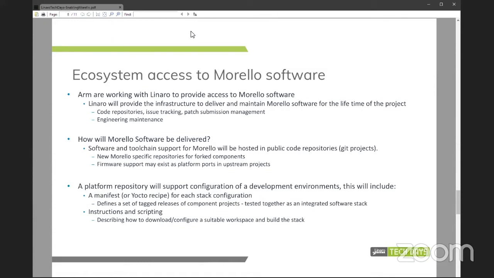So the idea is that we will maintain a manifest or a Yocto recipe for the different stack configurations, and we will provide a tagged release of all the components that are tested and integrated together as a complete stack, and that will provide instructions on how people can download and configure a workspace and get that stack booting quickly, to enable them to focus on the work that they're actually interested in doing.